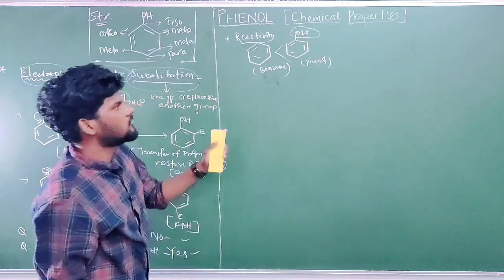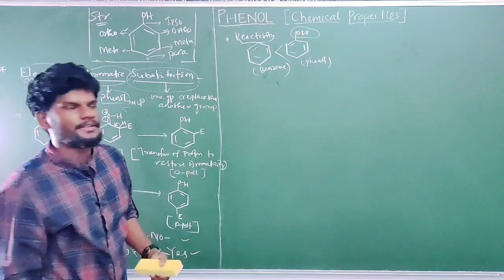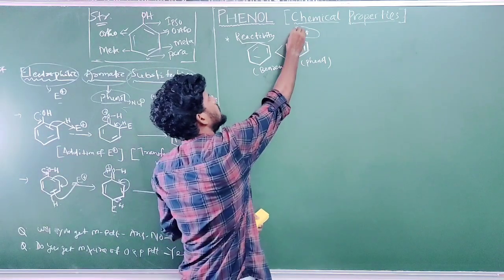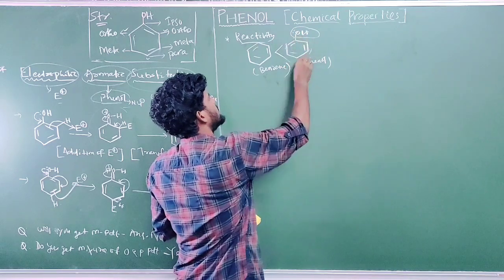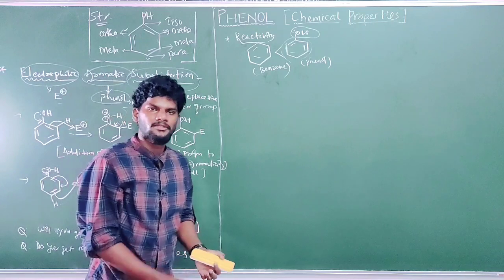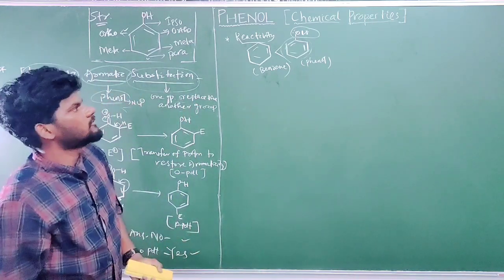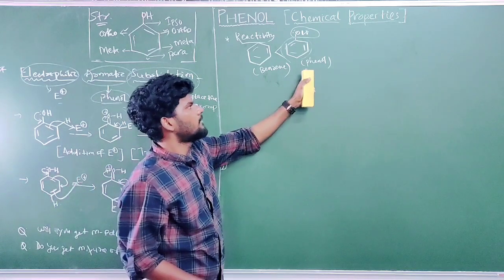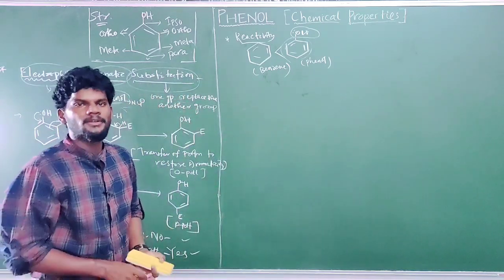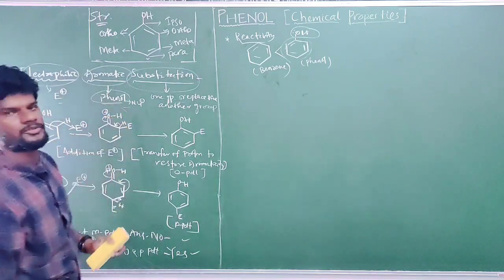The OH group gives electrons to the aromatic ring in the case of phenol, increasing the electron density throughout the ring by the process of resonance or charge distribution. So that is why the phenol ring becomes more nucleophilic, more reactive towards electrophilic aromatic substitution.